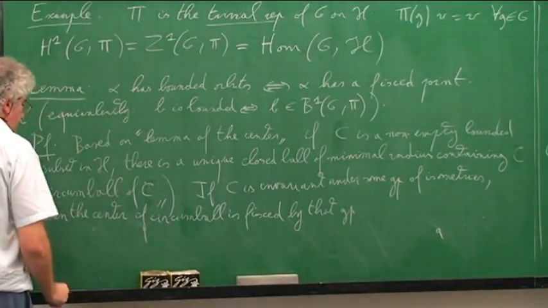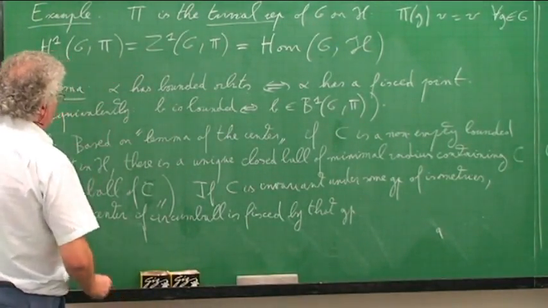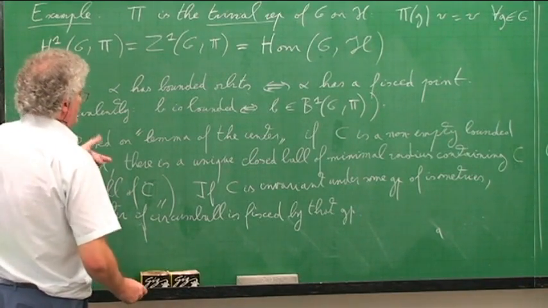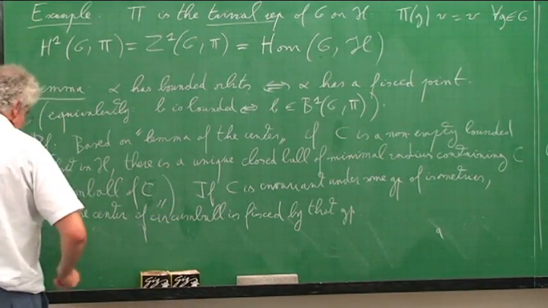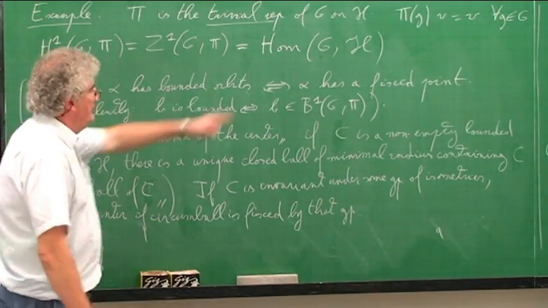So now if you assume that alpha has a bounded orbit, you apply this observation to one orbit, and you receive the fixed point.